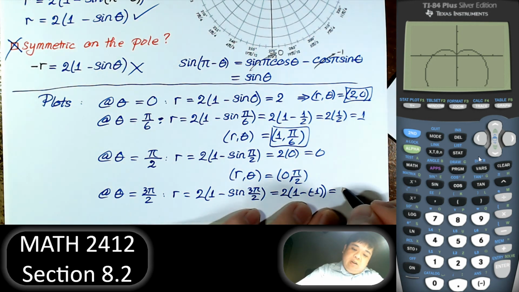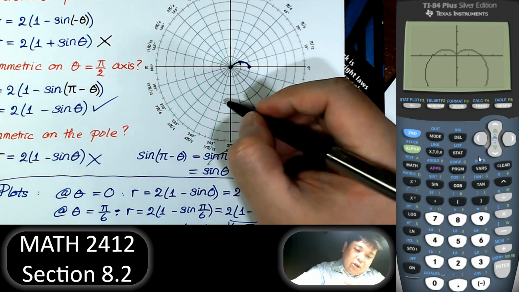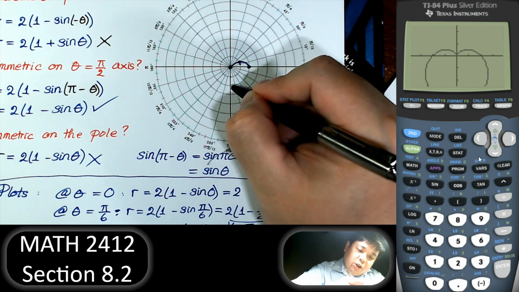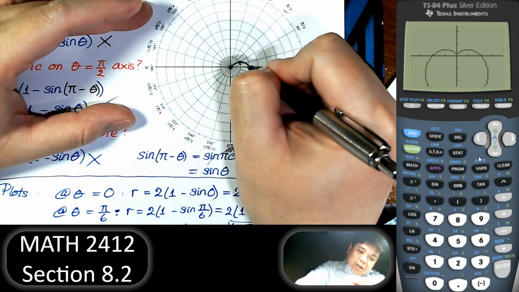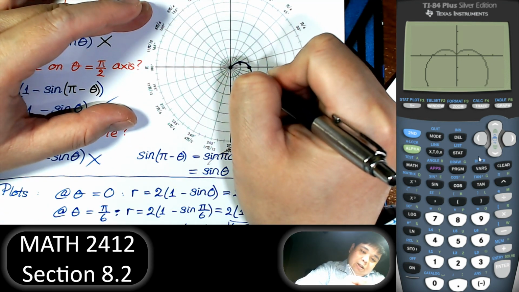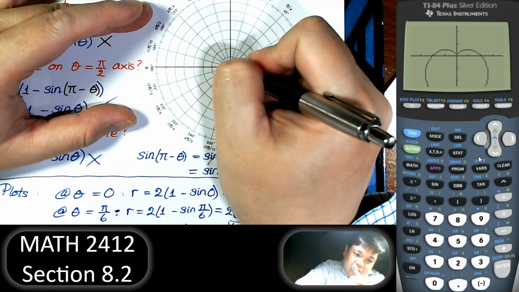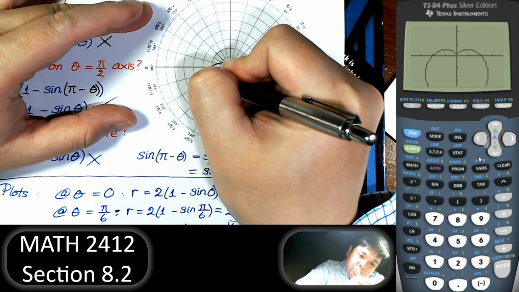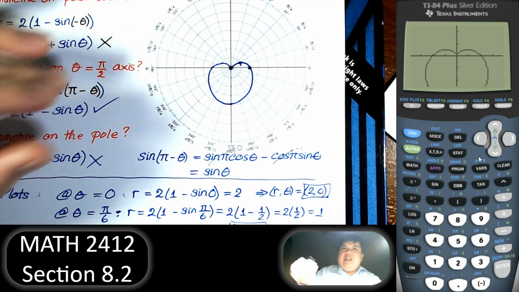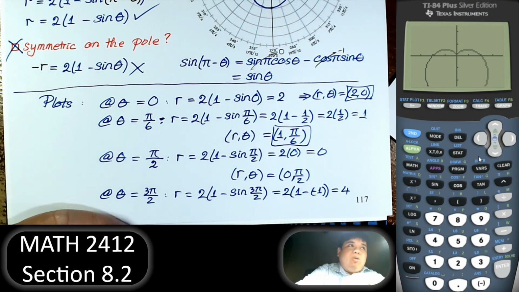So that gives us 4. So at 3 pi over 2, we go to 4: 1, 2, 3, 4. And then of course we have the symmetry on the other side. Of course, we just plot a bunch of points and connect them to have the graph. But that's what we have.